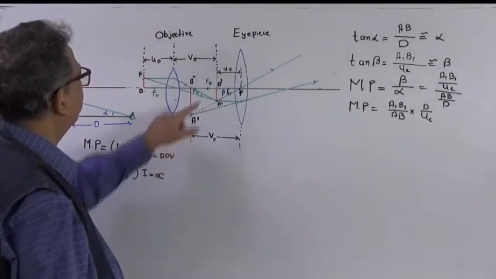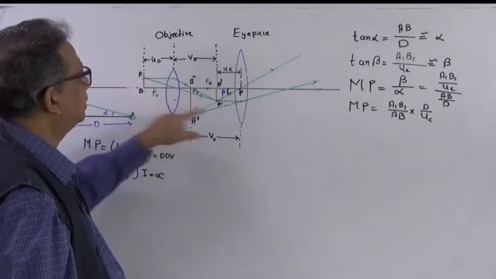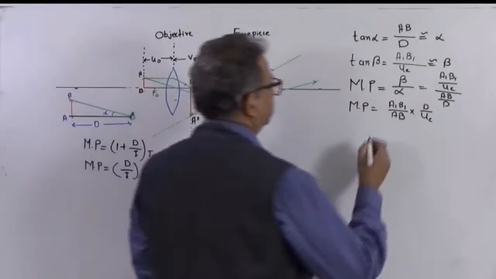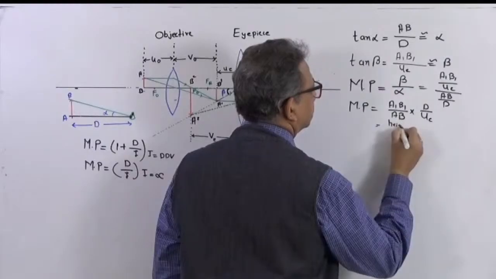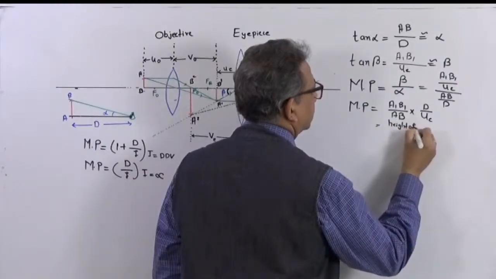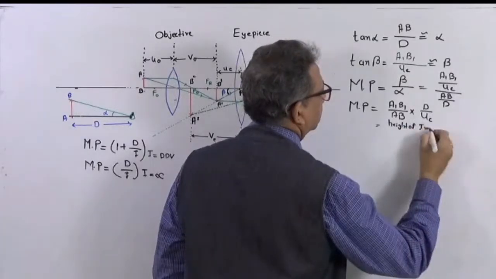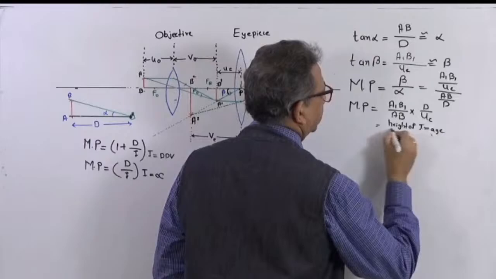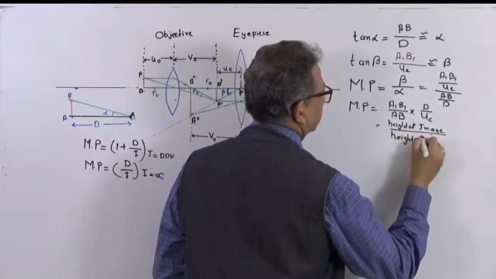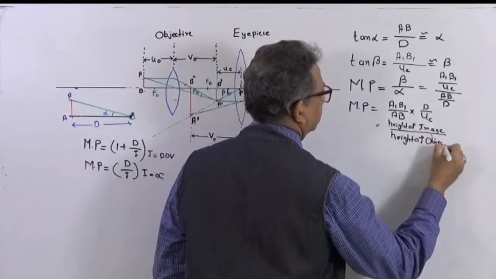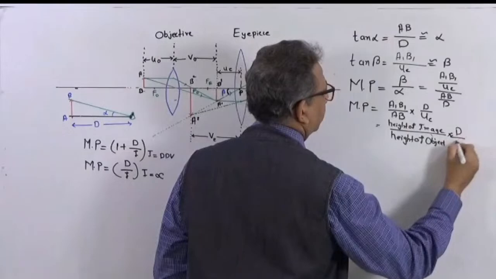A1B1 upon AB from this lens is the height of image upon height of object, into D upon UE.